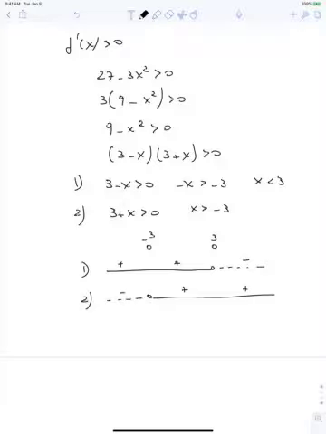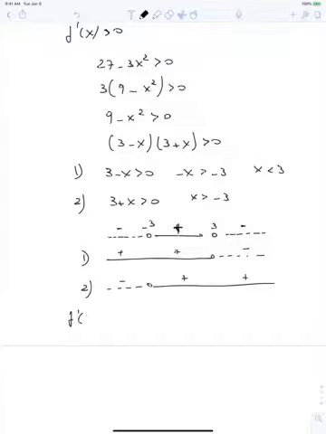Now here the two have different signs, so this is going to be negative. Here they have positive signs, so this is going to be positive. And here one is negative, one is positive, so the product is going to be negative. So f prime of x is greater than 0 if x is in between 3 and minus 3.